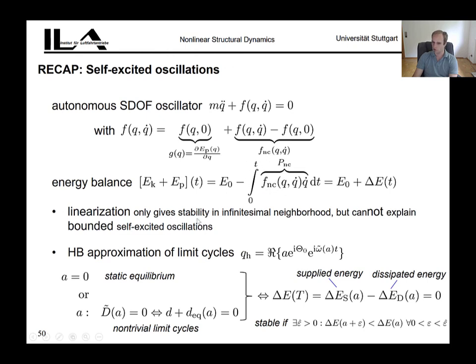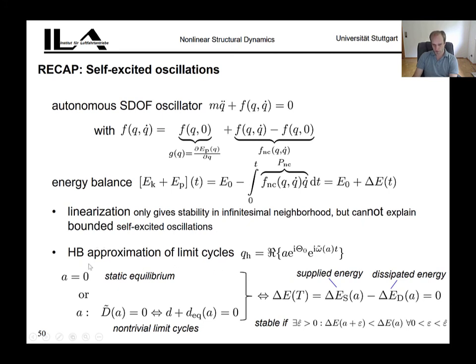We also notice that linearization, if it is possible, only gives stability in an infinitesimal neighborhood. It doesn't explain bounded self-excited oscillations, and it does not lead to a conservative design. We may have, under finite perturbation, a large limit cycle amplitude.